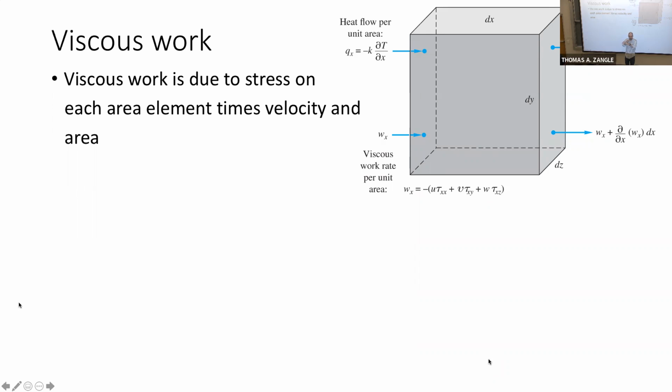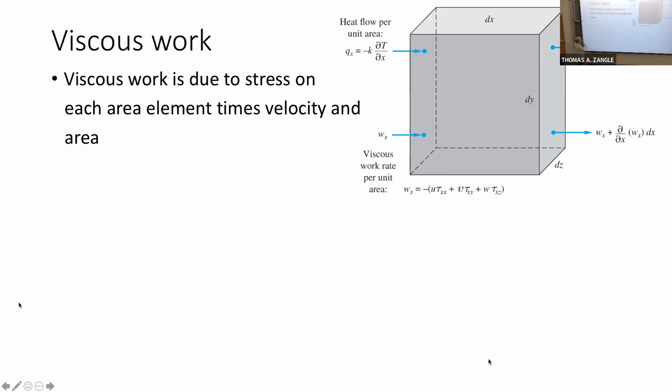That friction is driven by viscosity, and it turns the motion of the fluid into heat, just like friction between two solids can heat up the interface between the two. The work that I'm putting in to slide this thing across the table is turning into heat. The same thing happens within a fluid, and so this viscous work is turning motion of the fluid into heat.